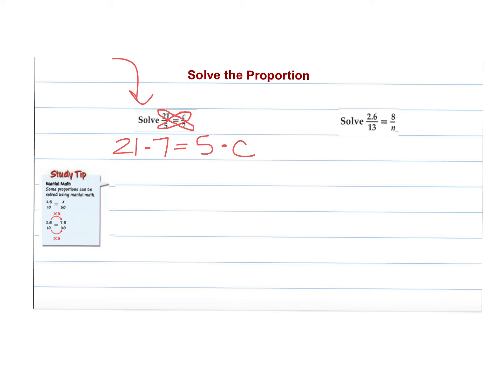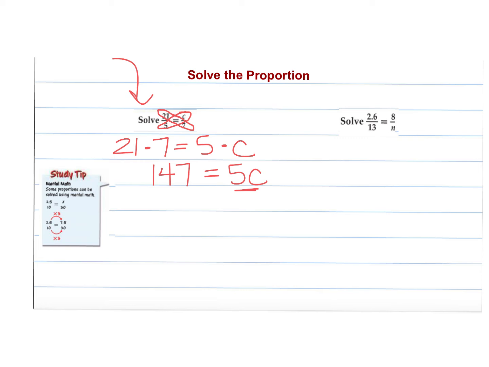Well, 21 times 7 is 147, and then we have 5C, or 5 times C. So I know that 5 times something, because remember this means multiplication, equals 147.